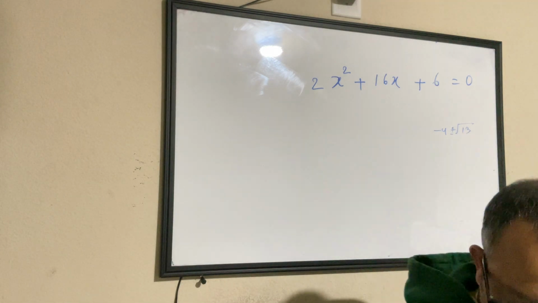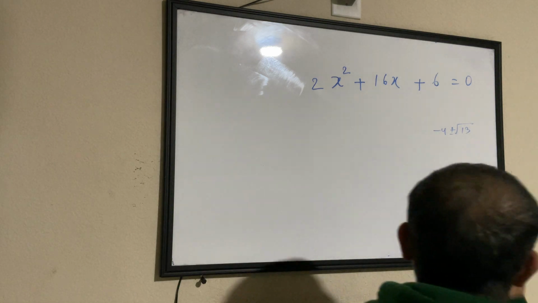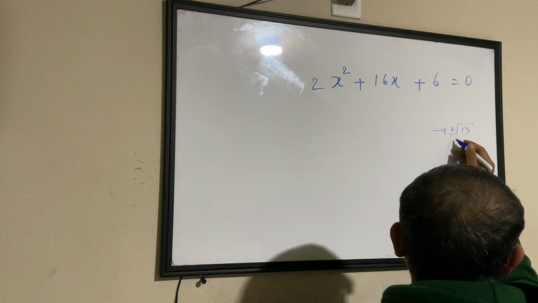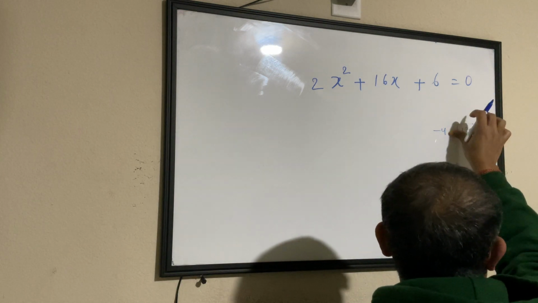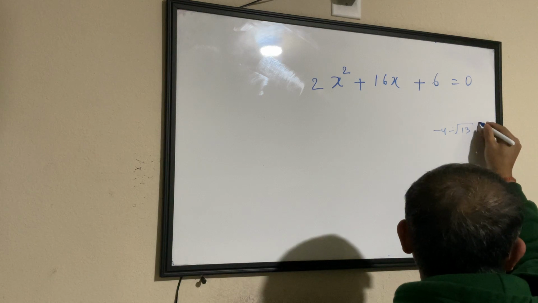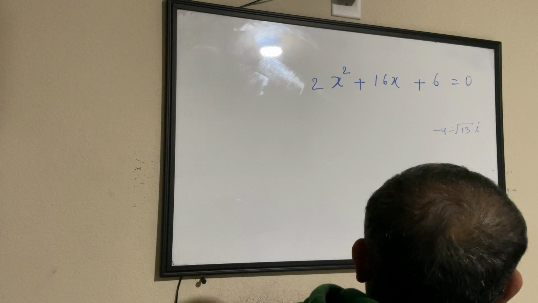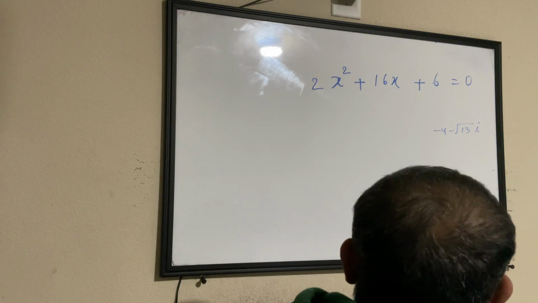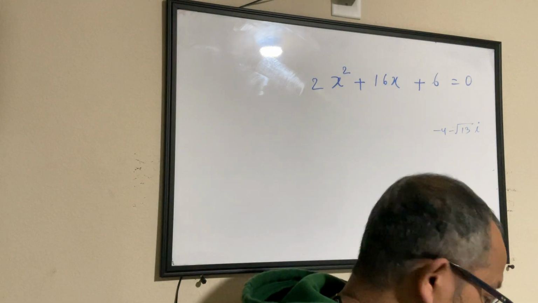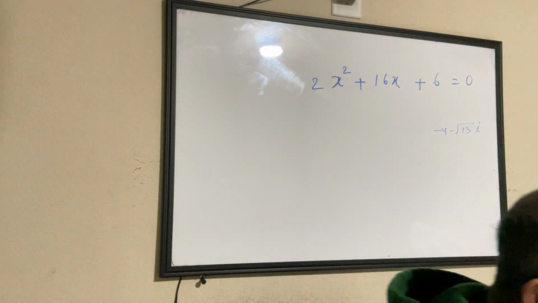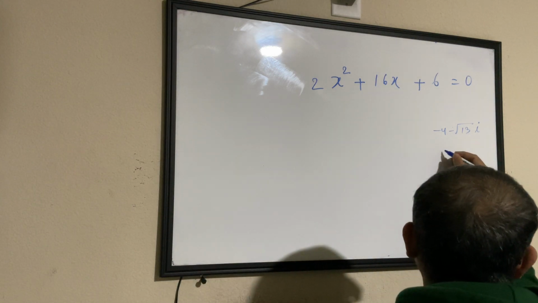Sir, I got 4 minus square root 13i. Okay. So you got only one answer? 4 minus square root 39. So this was your answer? Okay. I got -4 plus or minus square root 13.